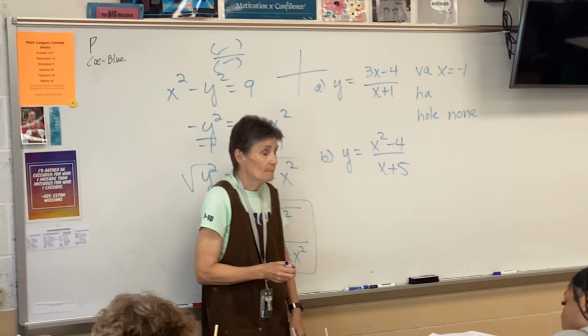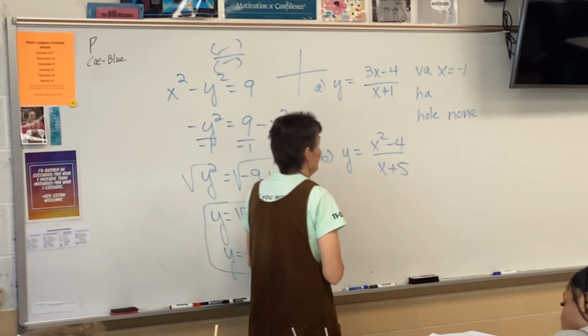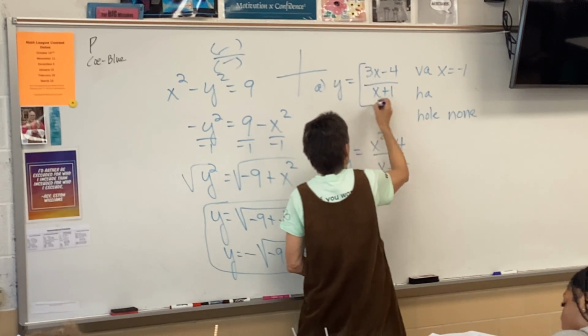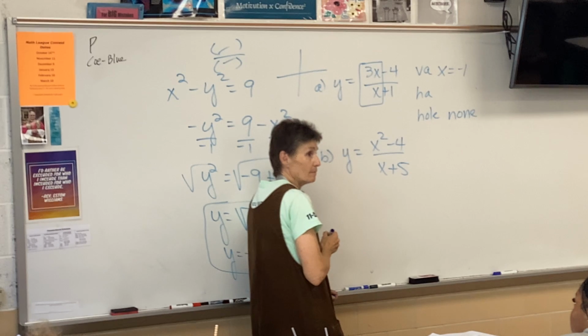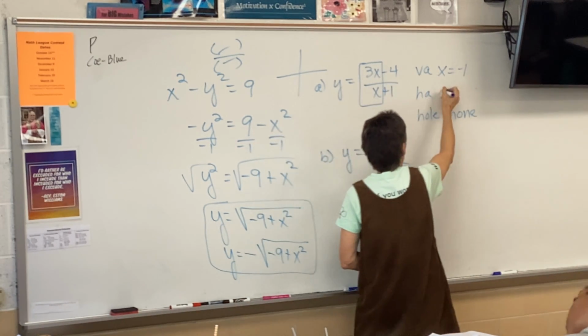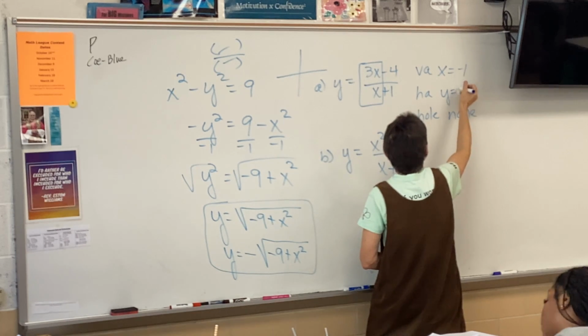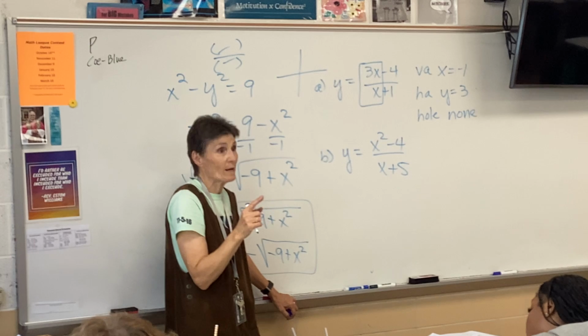Okay? Now what about my horizontal asymptote? You have to have a full box of the leading terms. I'm gonna box this in right here. Right? And so my horizontal asymptote is y equals 3. And I told you this before, those need to be equations.